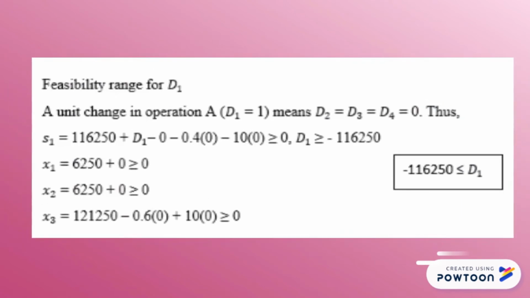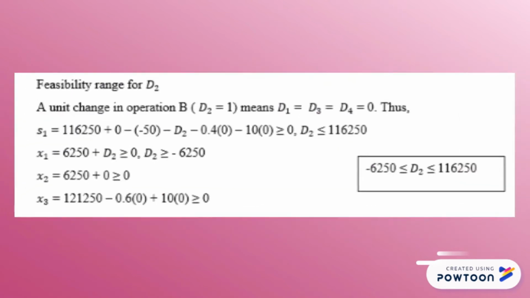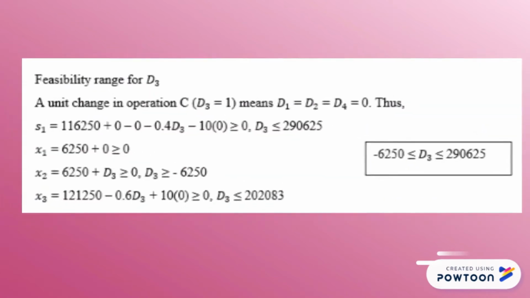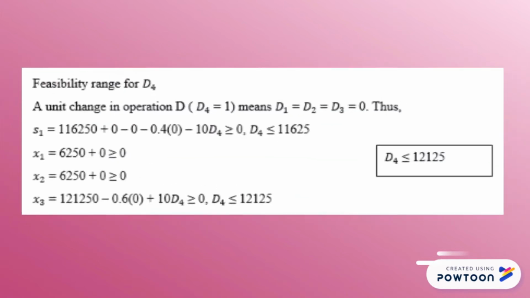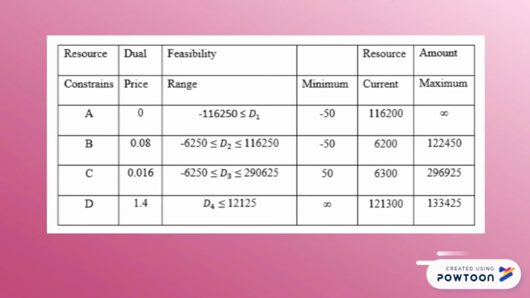This is the feasibility range for D1. This is the feasibility range for D2. This is the feasibility range for D3. This is the feasibility range for D4. The dual price and their feasibility range for the LP can be summarized as in the following table.